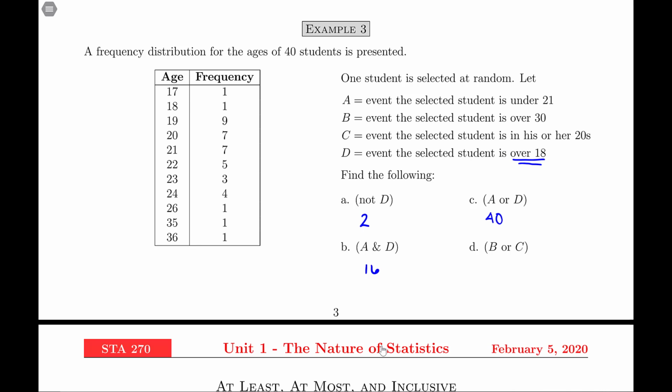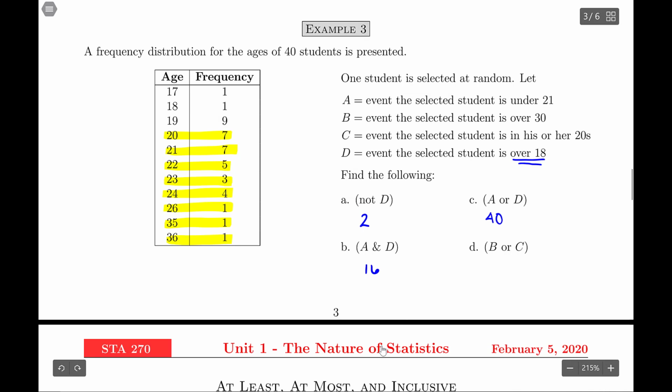For Part D, it's B or C, the event that the student is over 30 or they are in their 20s. So for that situation, they're either over 30, so let's highlight that first. They're over 30 would be 35, 26. We also have that this student is in their 20s, and that's going to comprise these students.